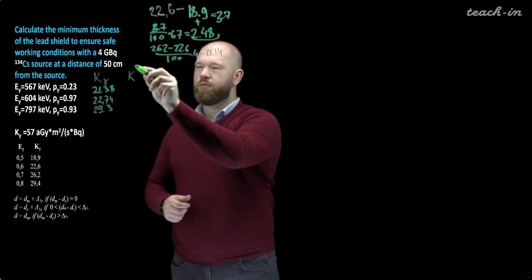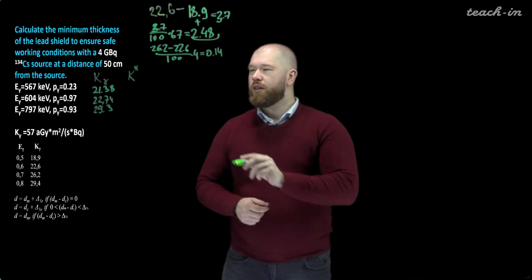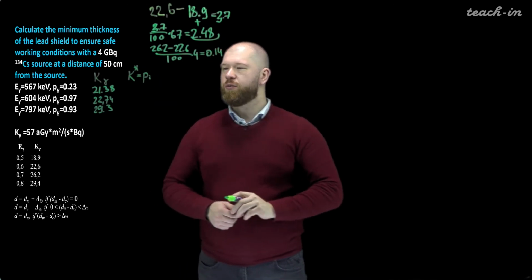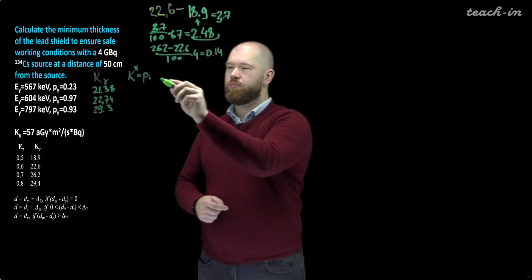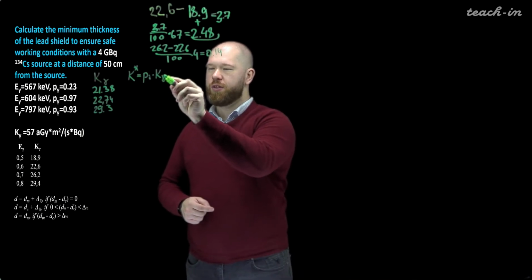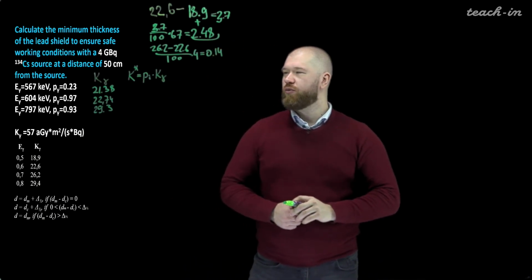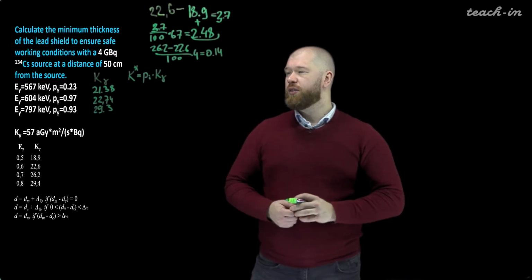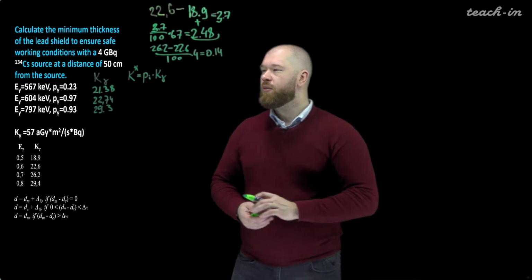Let's mark it with asterisks. In principle, it's just the product of our gamma constant for our energy of gamma quantum and the intensity of this gamma quantum.